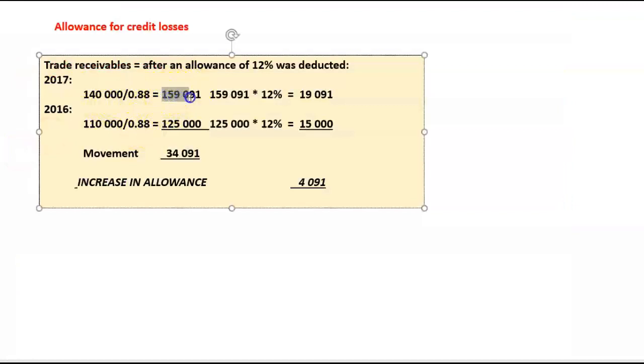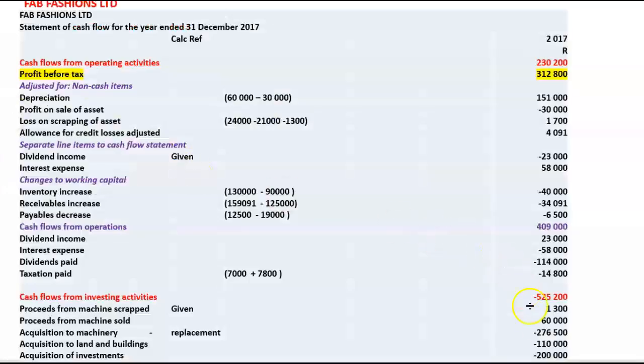We actually worked out the gross amount of our debtors being 159,000 in 2017, 125,000 in 2016. So that means the difference between those two will give us our movement in debtors. So there was an increase of debtors of 34,091. Increase in debtors is an outflow of cash, so therefore the minus sign.